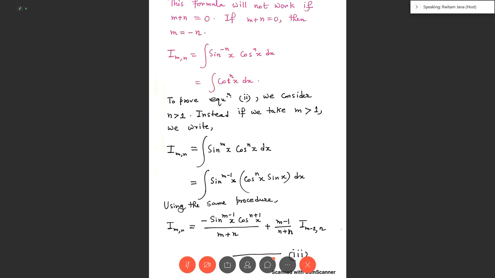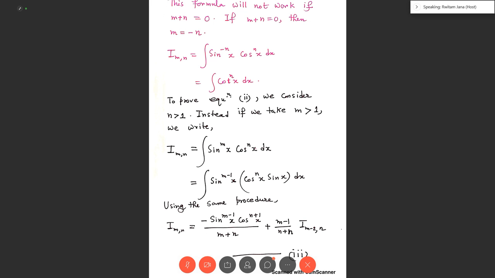This is the reduction formula for the integration of sine to the power mx cos to the power nx, that is, the multiplication of two trigonometric functions involving two parameters.